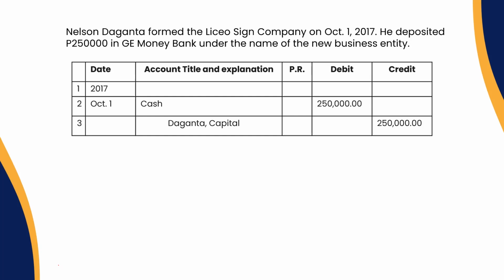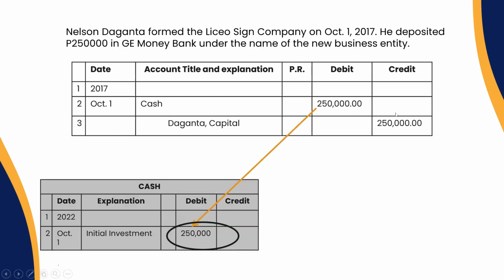So, this is the journal. Ito yung journal na ginawa natin kanina. Now, we have to transfer it to the general ledger. How do we transfer it? So, here in this transaction, dalawang account title, diba? We have cash and we have the Daganta capital.